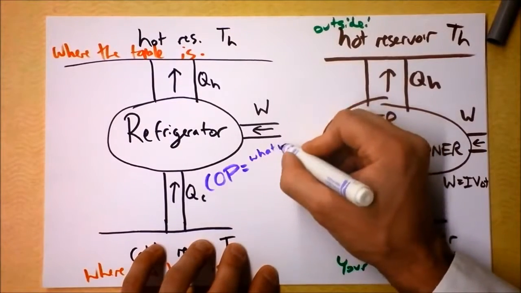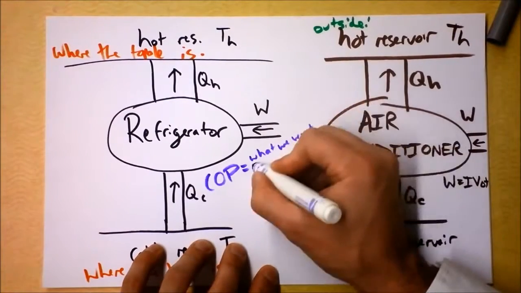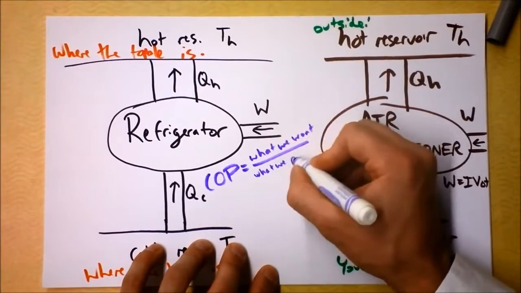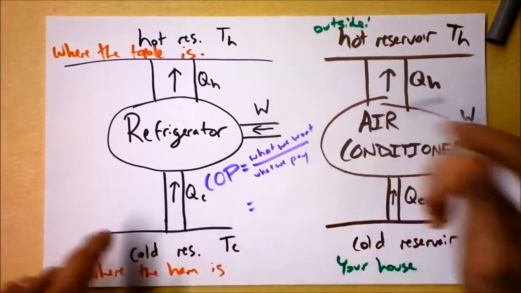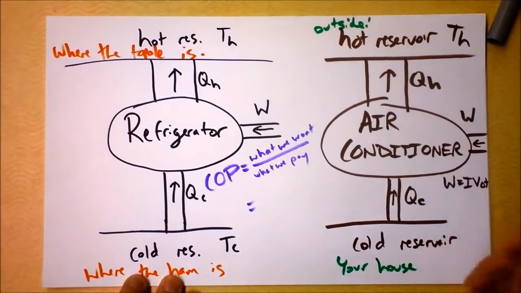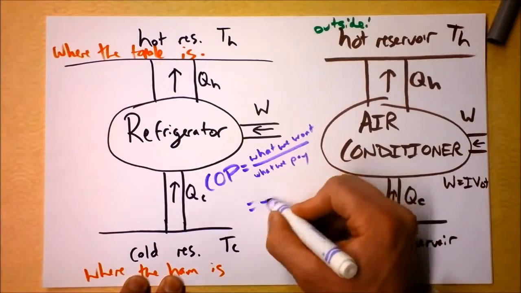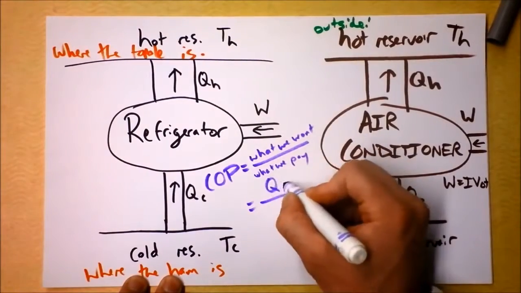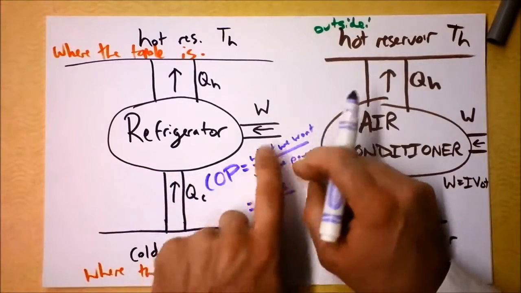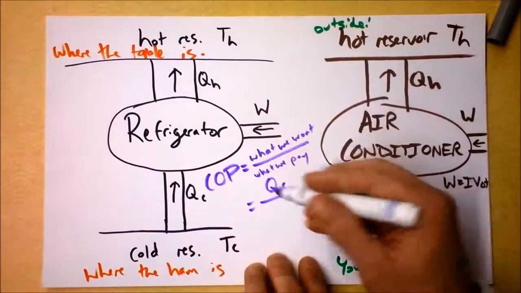So I'm going to write that. What we want divided by what we pay. And if I say what we want here, what is our actual goal? We're trying to cool our house, or we're trying to cool where we store the ham. And so what we want is actually the heat to leave the cold reservoir. And then what we pay is the work that we put in.